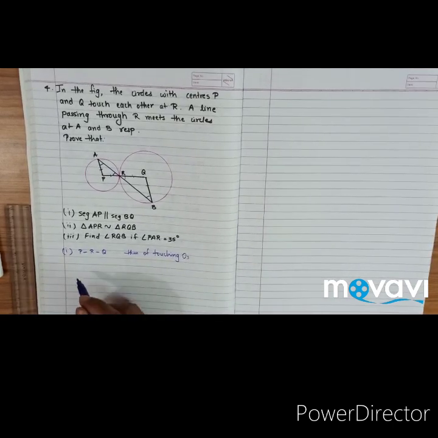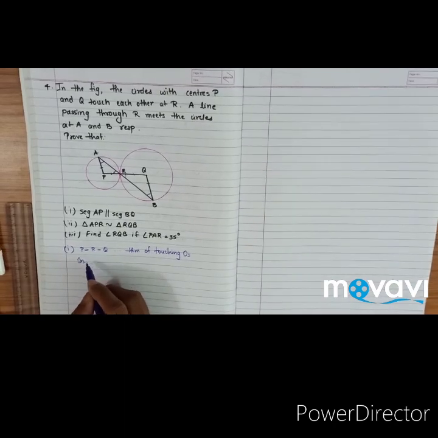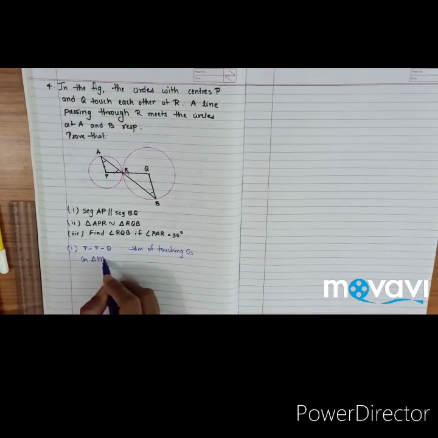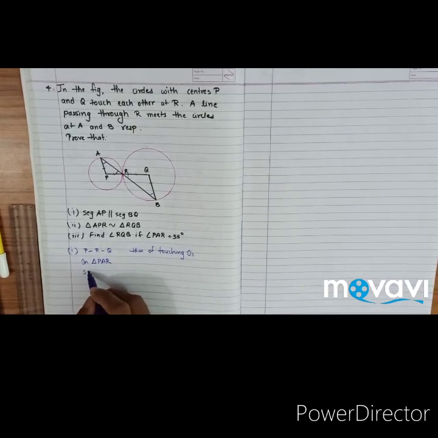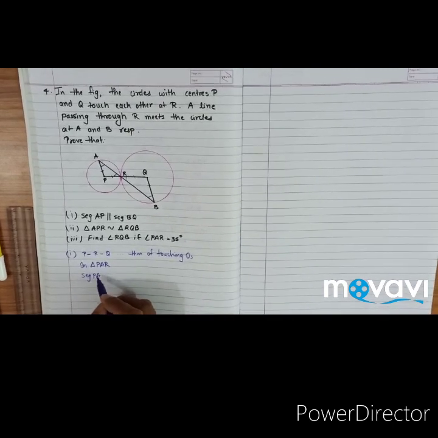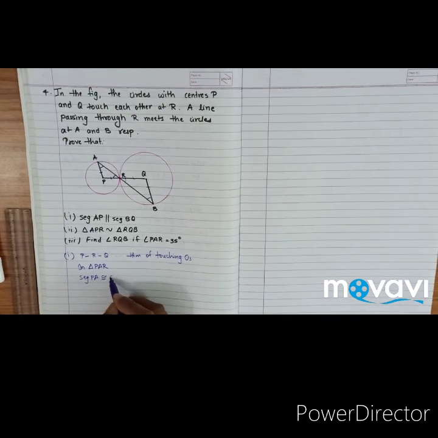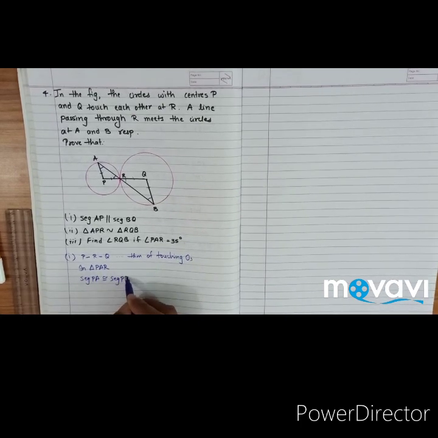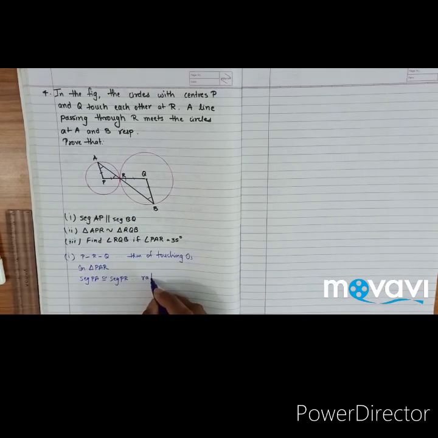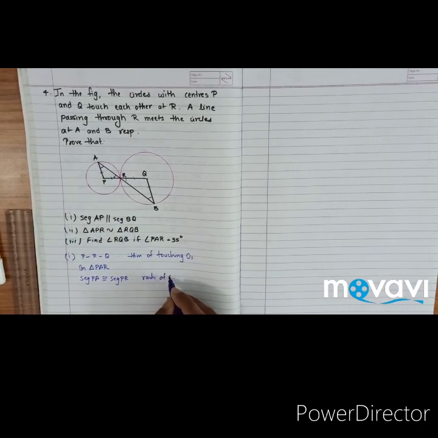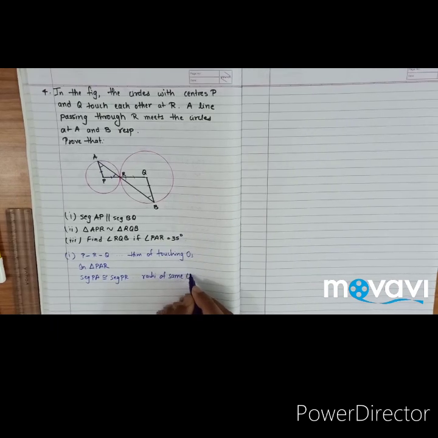Now in this triangle PAR, I know that segment PA is congruent to segment PR. Why? Because they are radii of the same circle.